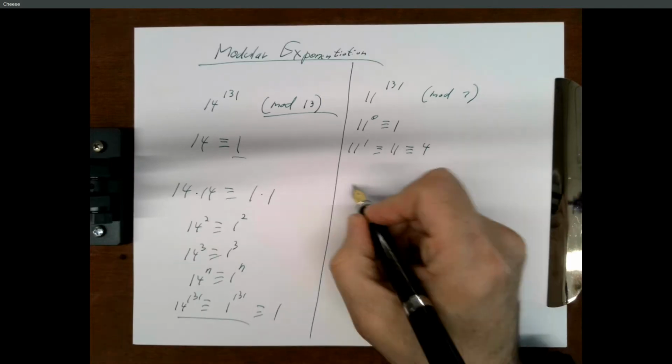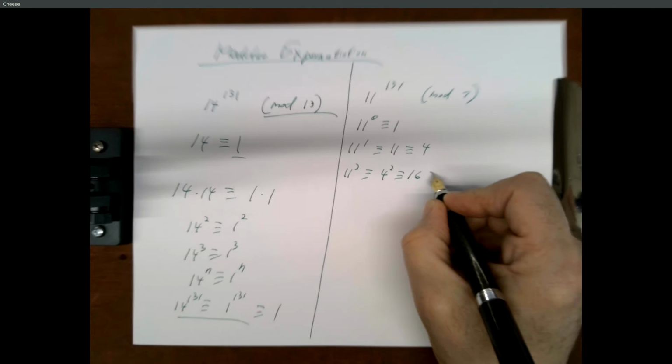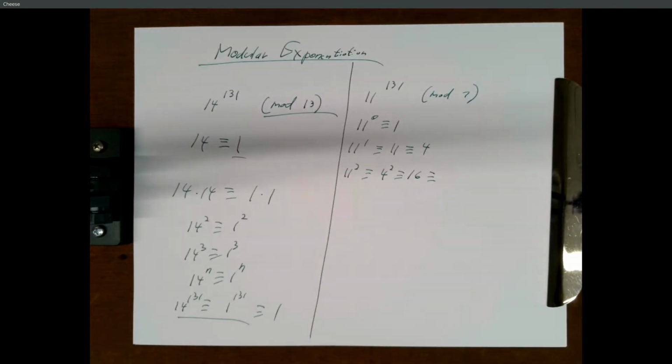That's 4. So 11 squared will be congruent to 4 squared, which is 16, which is congruent to what? 16 mod 7. 2 more than 14.